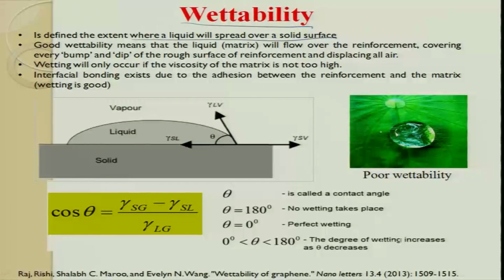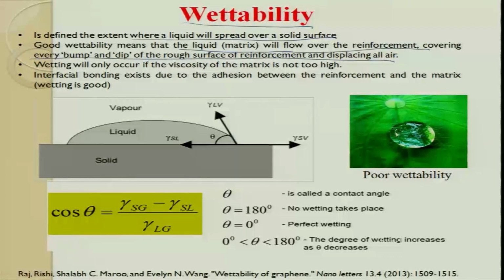It changes from film condensation to dropwise condensation. It rolls off and there is no corrosion. A good wettability means a liquid matrix will flow over the reinforcement, covering every lump and dip on the rough surface of the reinforcement and displacing all air.